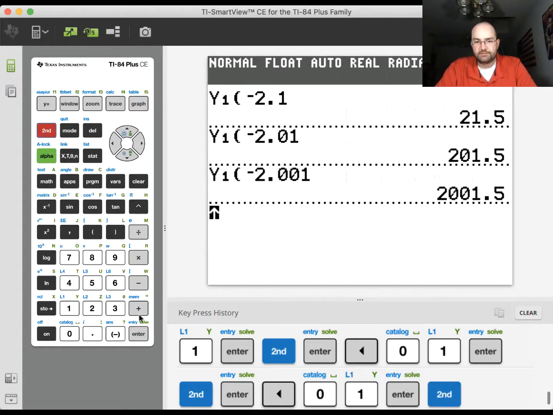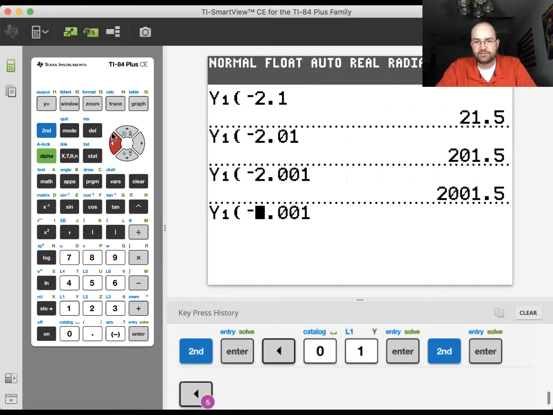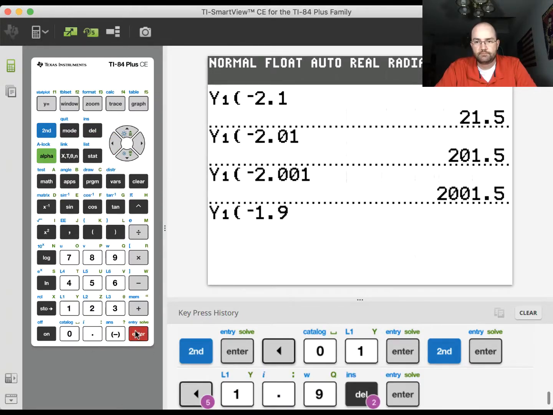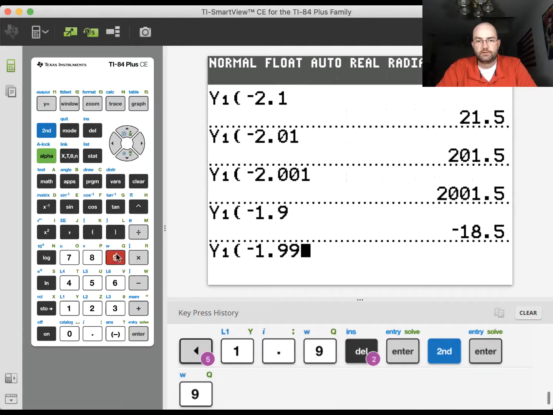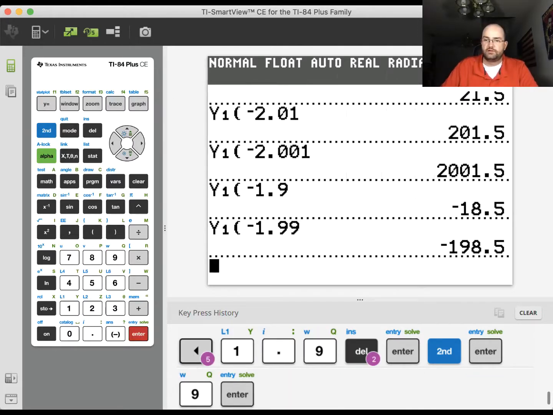Let's do this again, but this time with -1.9. It starts out at negative 18.5. Throw in another 9, and it gives us negative 198.5.